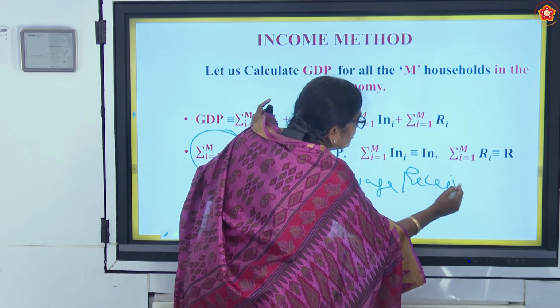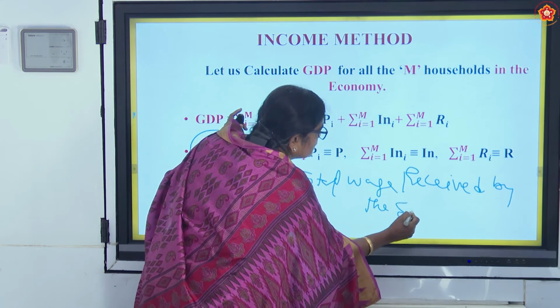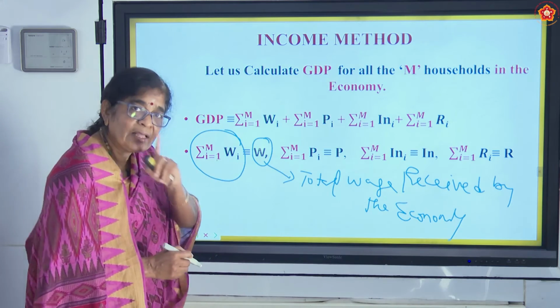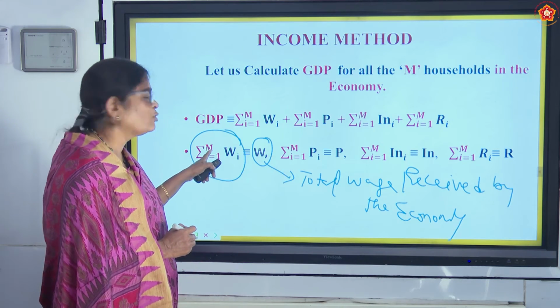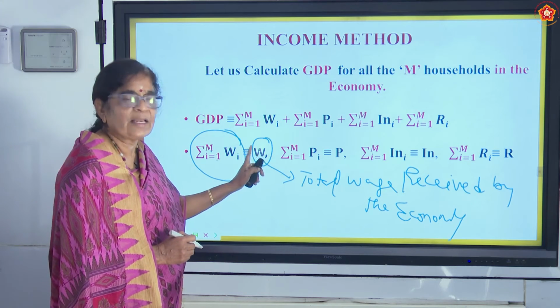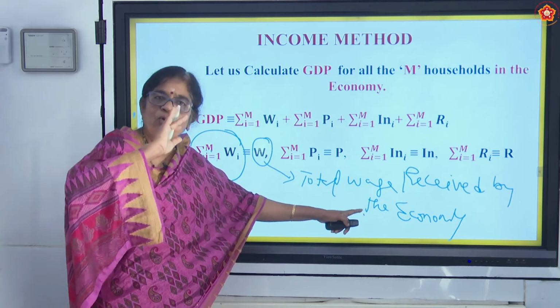Why received by the economy? Because the economy consists of M households. Therefore, you have added all the M households. That is what you write as capital W, the total wage received by all the households.